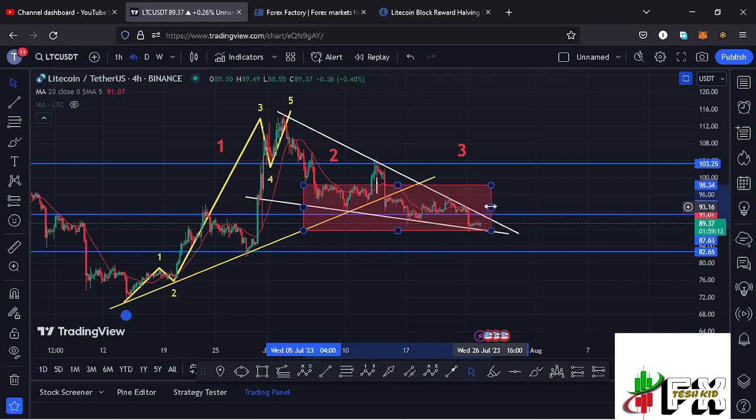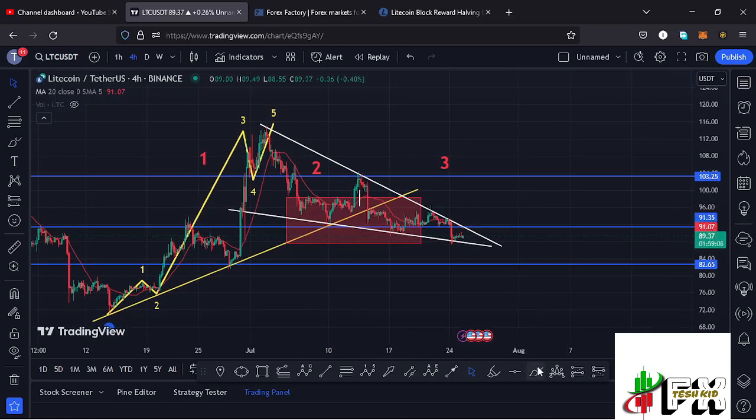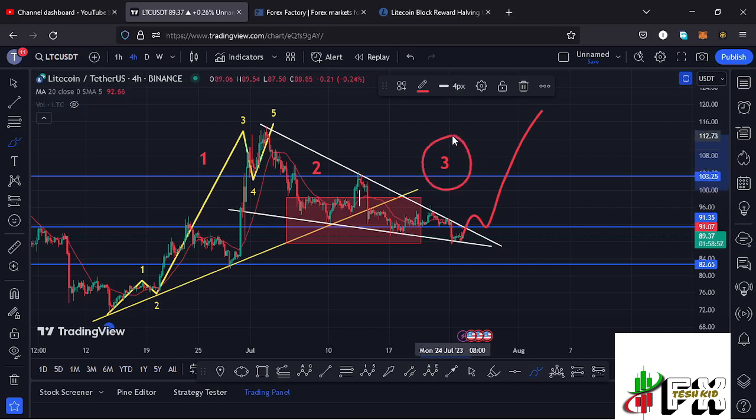And there are high chances that Litecoin soon is going to see a reaction off the target area, start gearing up, see a break above resistance, get a successful retest, and continue gearing up until we fully maximize minimum target areas in the formation of this wave 3.